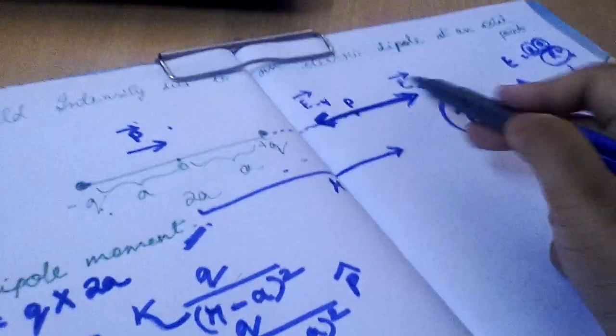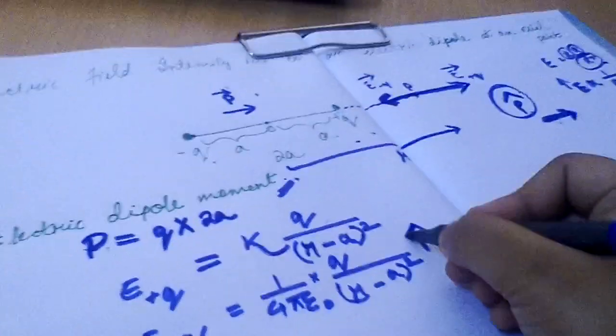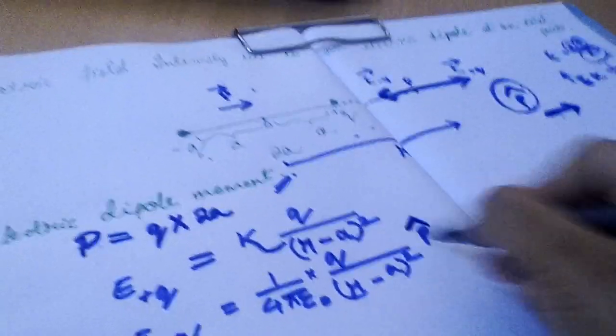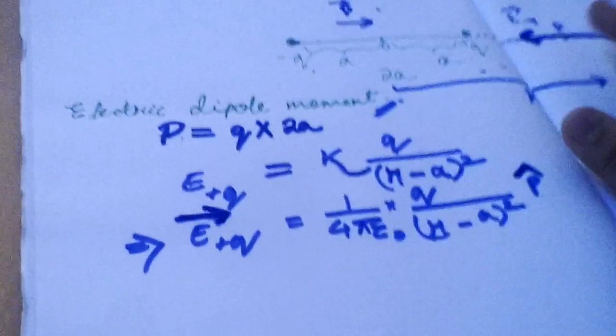The direction is rightward and this direction is also rightward as already discussed. So we are going to plot here p cap, and with a unit vector, the vector symbol is inserted here. So the vector expression of the electric field intensity at the point P due to plus q charge is this. I suppose it is clear.